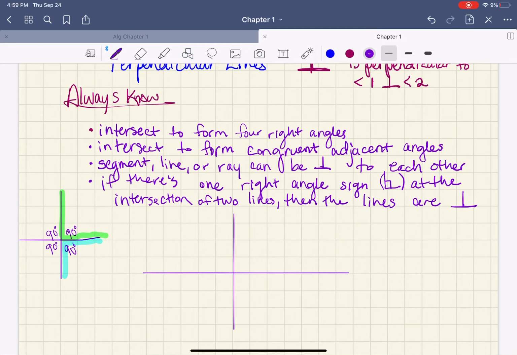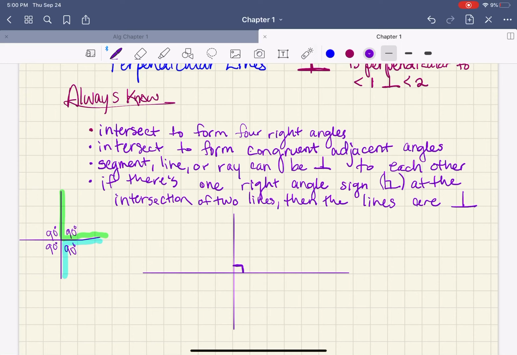So what it's saying is, if I give you that, you know that this, and this are all 90 degrees, and we have two perpendicular lines. So one right angle sign, since we have 90 degrees for all of them, if we have 90 degrees for one, then we have to have 90 degrees for the rest.